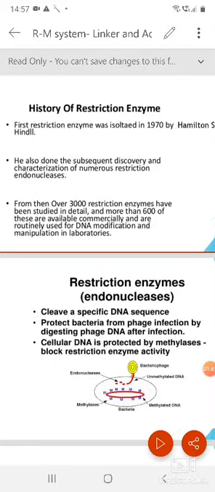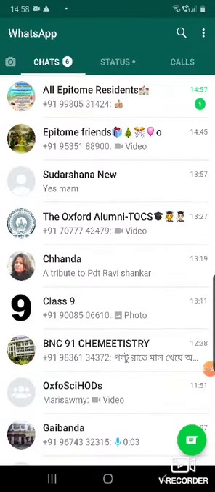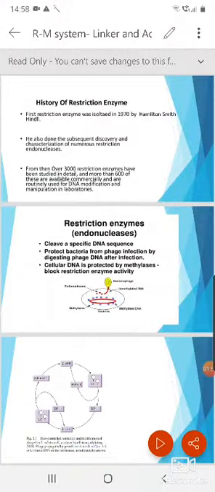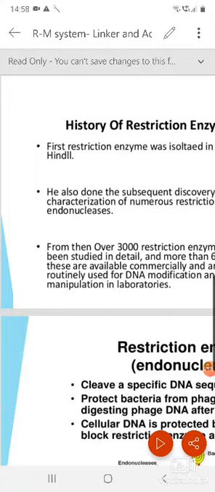Now, before 1970, the first enzyme was discovered in 1968 by Meselson and Yuan, from the E. coli K12 strain.